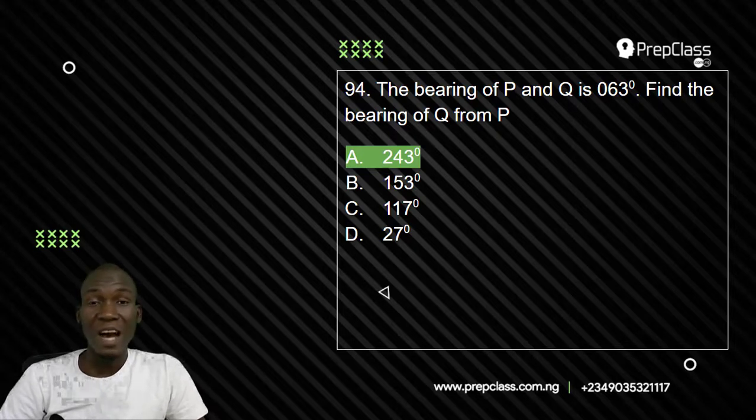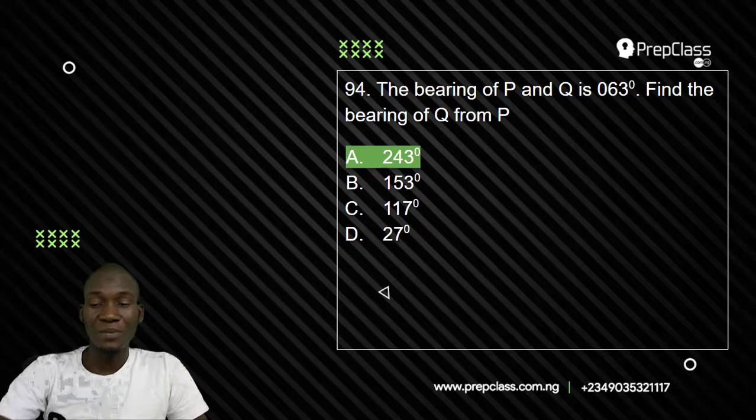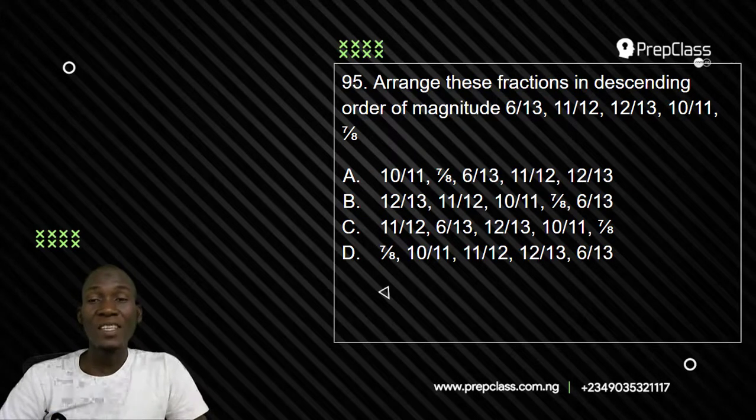That's it. Now the last question for this video. Arrange these fractions in descending order of magnitude. 6 over 13, 11 over 12, 12 over 13, 10 over 11, 7 over 8. A, 10 over 11, 7 over 8, 6 over 13, 11 over 12, 12 over 13.